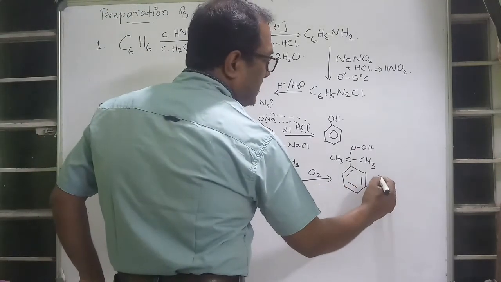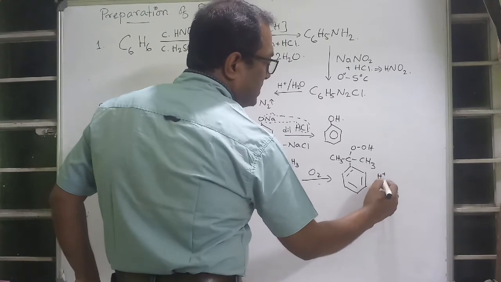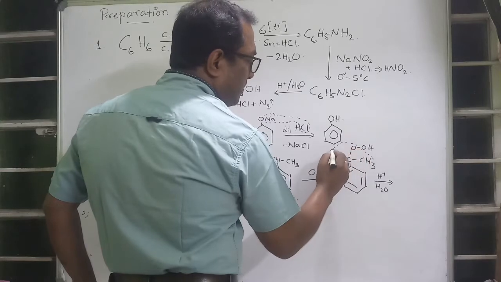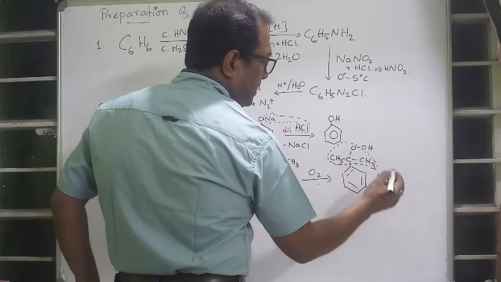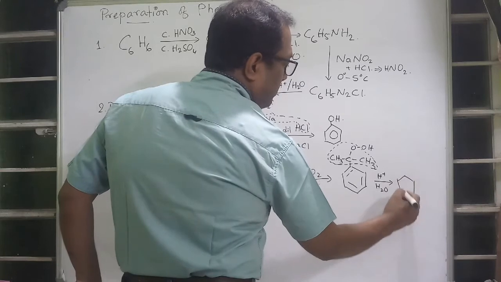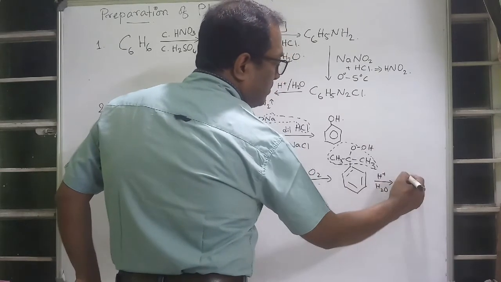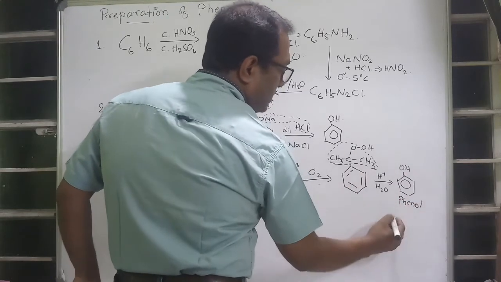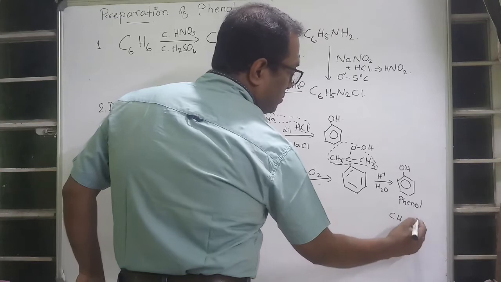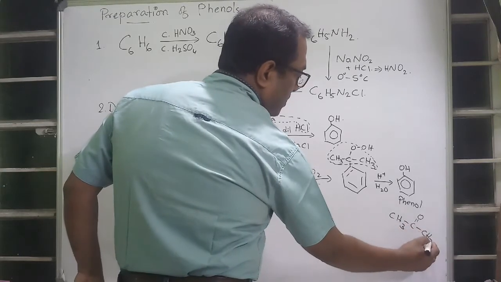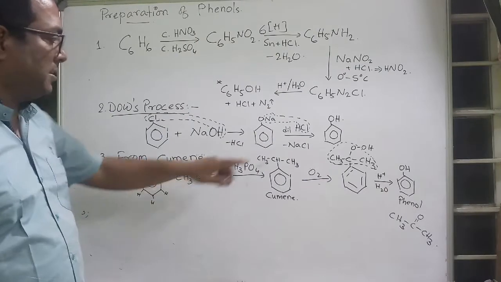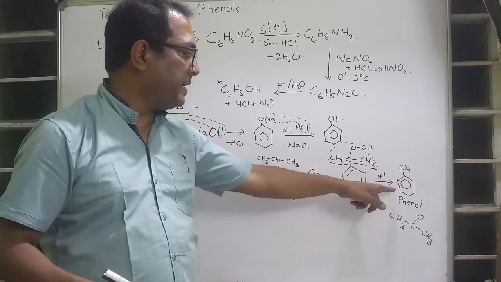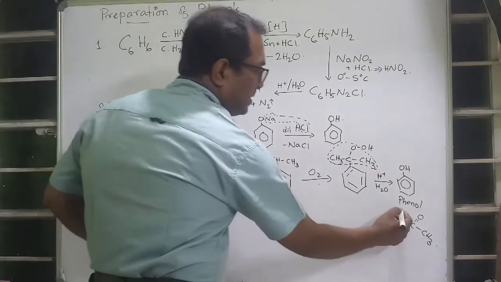And when we go for acid hydrolysis, the entire carbon group is substituted back, and an OH group gets attached to the benzene, forming phenol, and together with it you get a ketone called acetone, CH3COCH3.